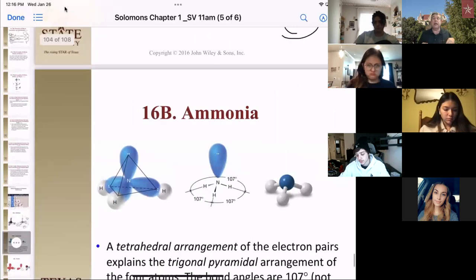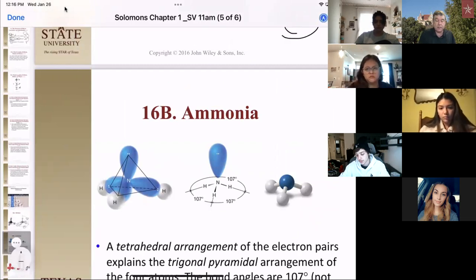If we take that and change it out from carbon to nitrogen, nitrogen has 5 valence electrons, and therefore it wants to bond 3 times and have a lone pair. So what we see here is it has our sp3 hybridized structure.